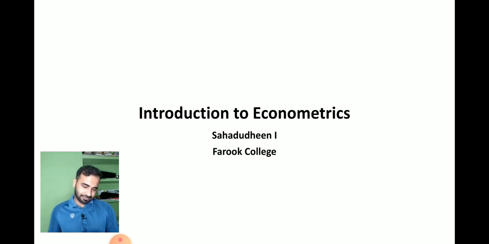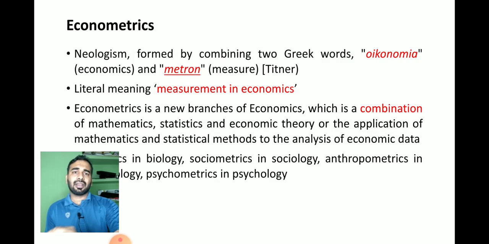Okay, yes. Then coming to the subject, what is econometrics? Econometrics is a neologism which is derived from two Greek words, oikonomia and metron. Oikonomia is nothing but economics, as we know, and metron means measurement.